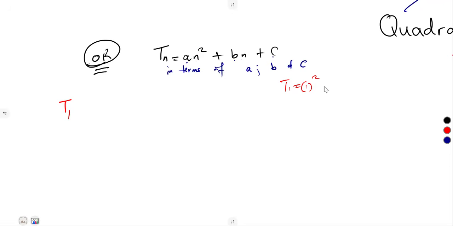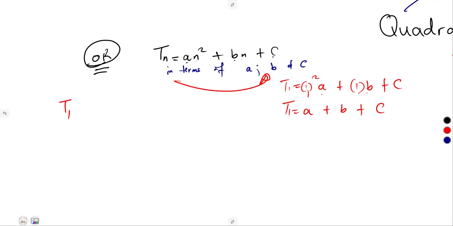So it's 1 squared times a, plus 1 times b, plus c. So T1 is going to be 1 squared, which is 1, times a, which is a, 1 times b, which is b, plus c. So it is written as a plus b plus c. Remember, our answers must be given in terms of a, b, and c.